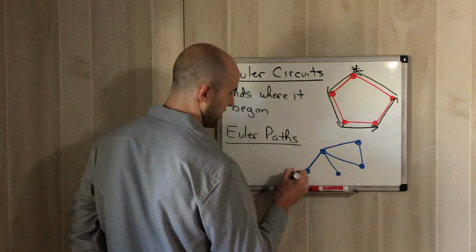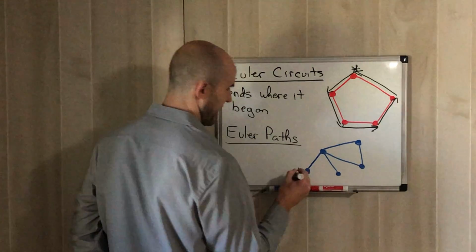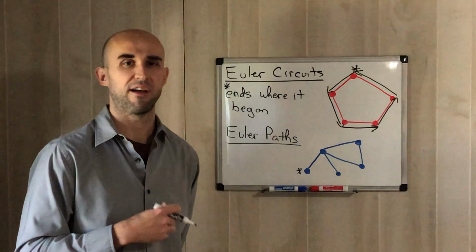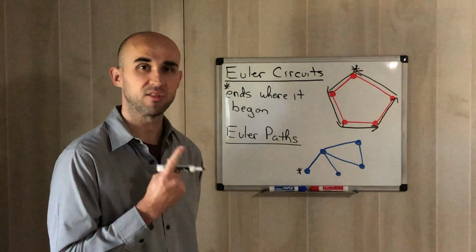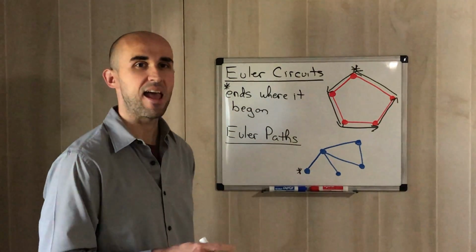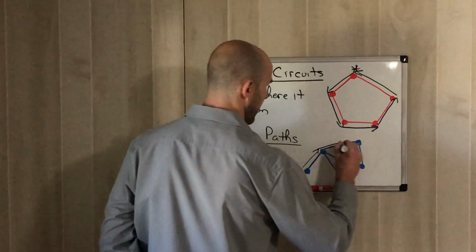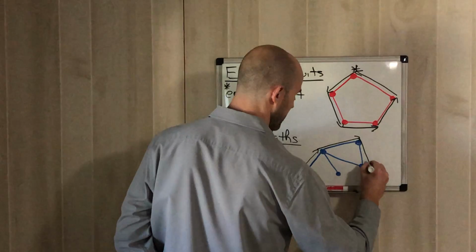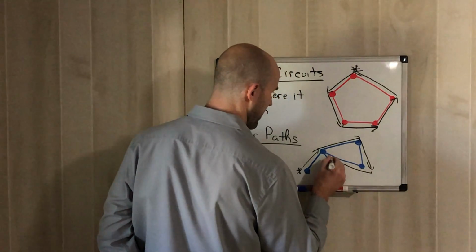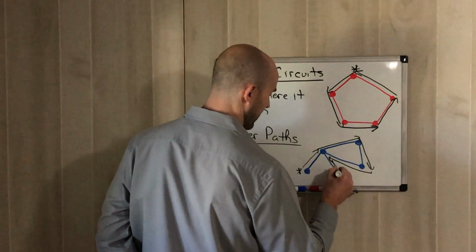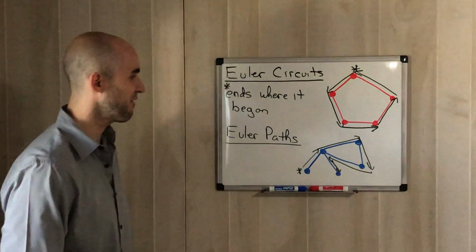But let's say I pick this starting point right there, and again, you want to go over every single edge once. You can't ever retrace. If I start here, go that way, then this way, then this way, and then you have to go down because you have to make sure you cover every edge.